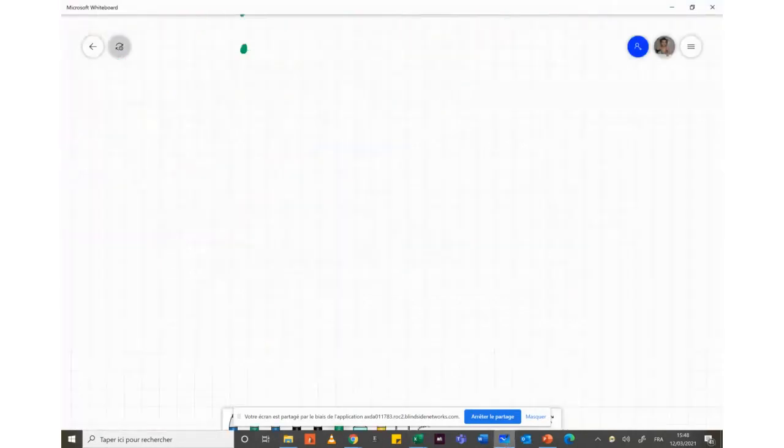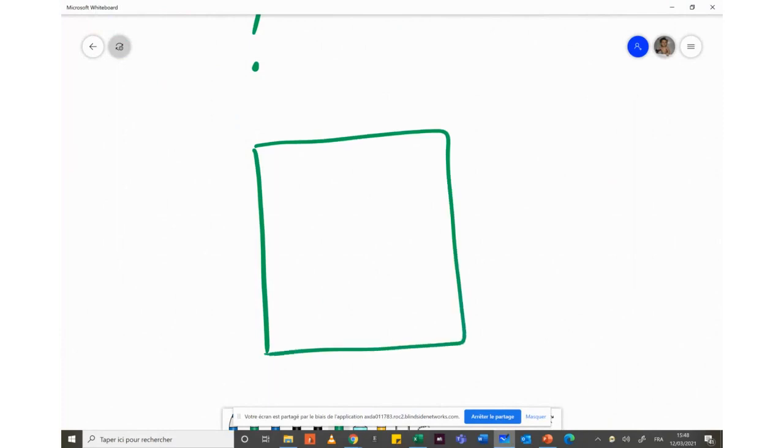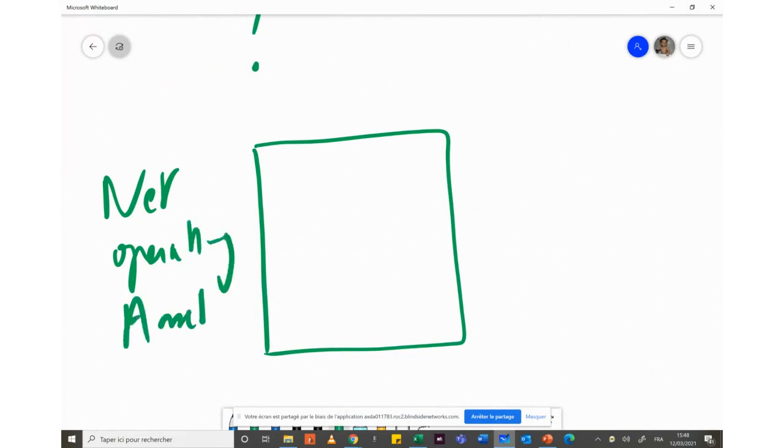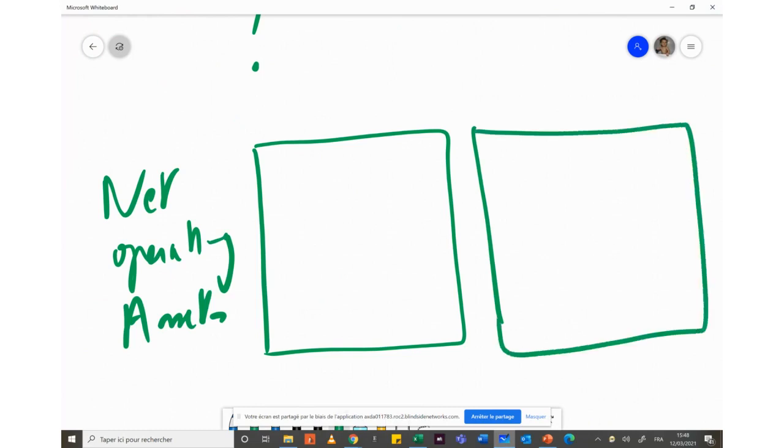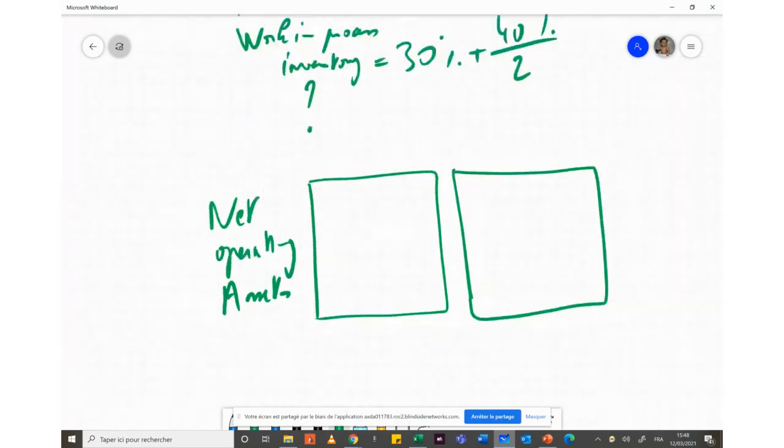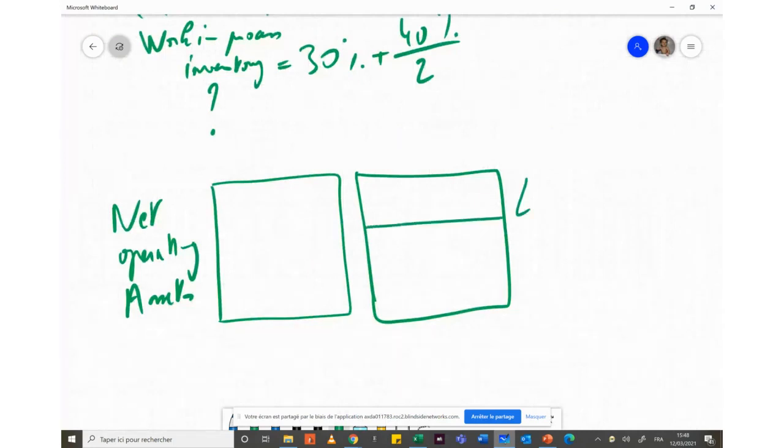So what we will do, we have on one side the net operating assets. On the other side, we have the equity and financial liabilities. We want the market value of this.